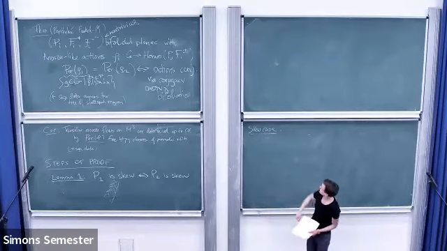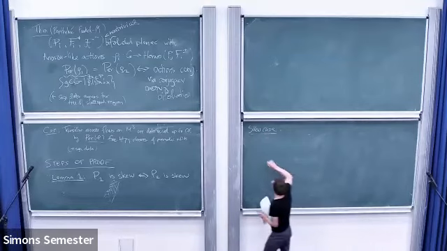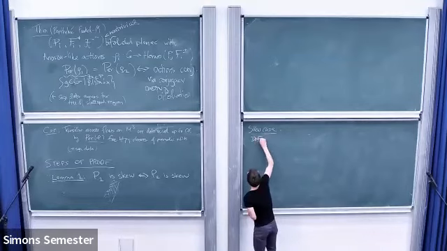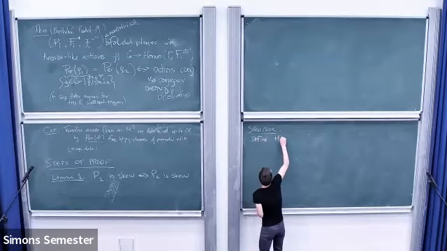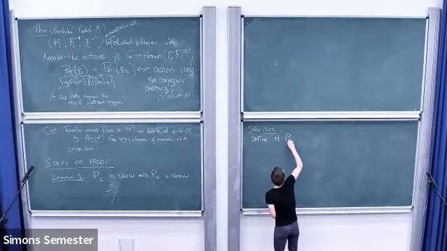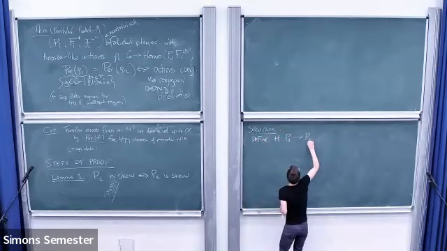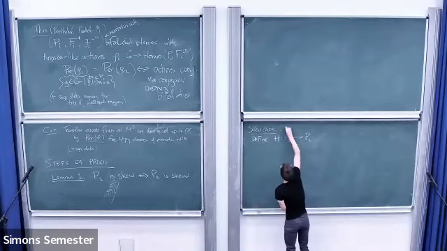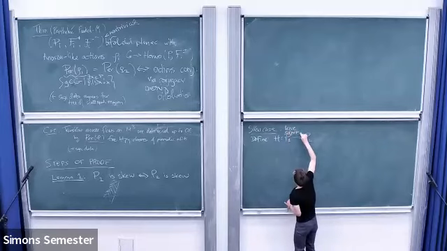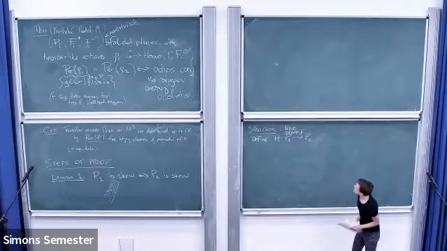I have an almost good candidate here. I'm going to define a map between planes. Oops, it's only going to be defined on a dense subset.